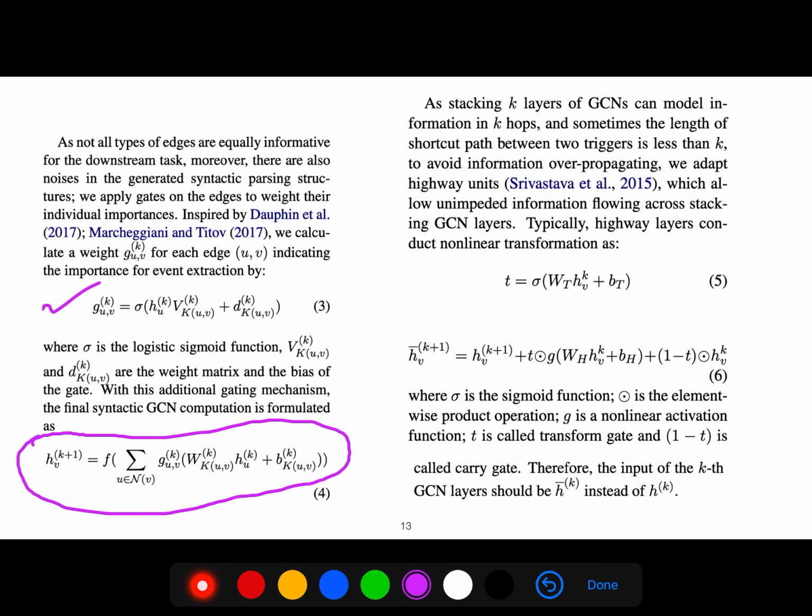Stacking k layers of graph convolutional network can model information in k hops, and sometimes the length of the shortcut path between two triggers is less than k, so we miss it. To avoid information over-propagating, we adopt highway units, which allow information to flow across stacking layers.